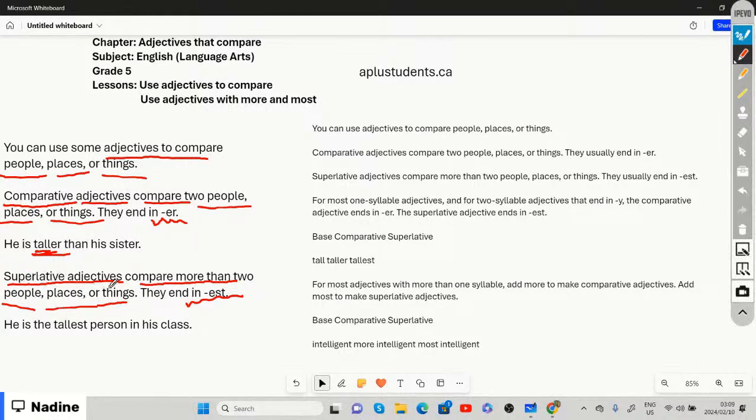And then we see the superlative adjective. It compares more than two people, places, or things, and they end in est.